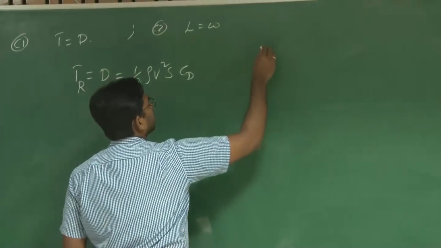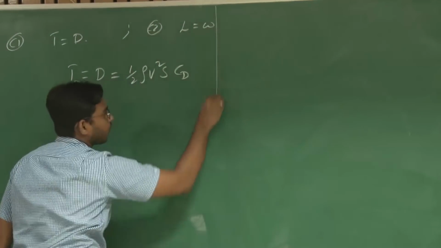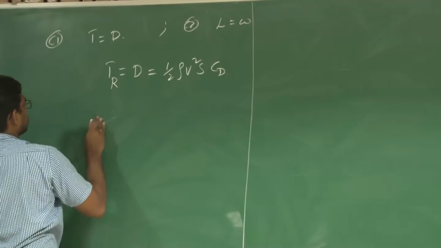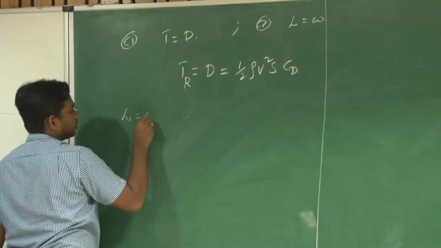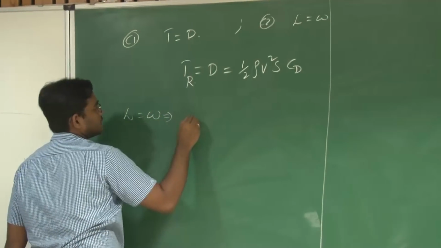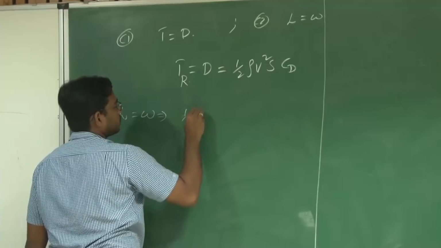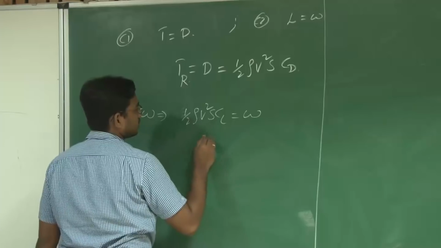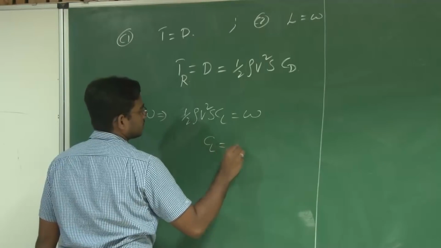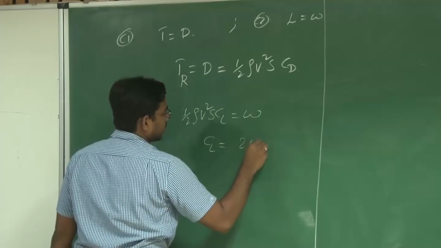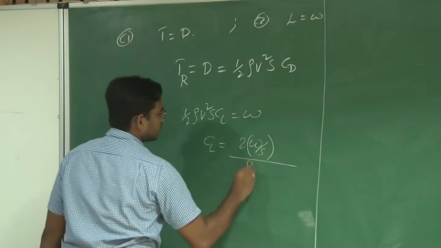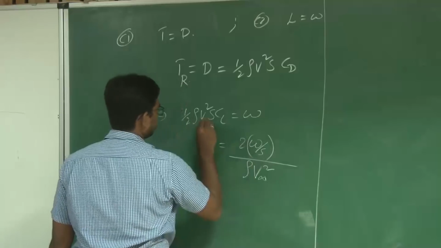And from C2 we have L equals W, which implies half rho V square S CL equals W, where CL equals 2W by S by rho into V infinity square.